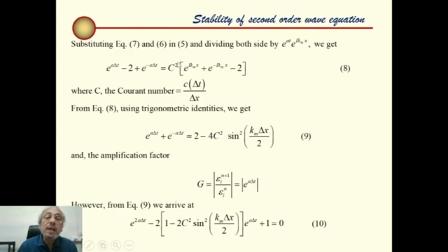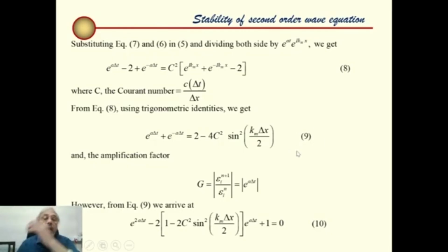And c is the Courant number, which, while doing the algebraic operation, we have clubbed together from c delta t and delta x in this way, and that is capital C. So we will get from here e to the power a delta t plus e to the power minus a delta t equal to, we just have transferred 2 to the right hand side and then substituted e to the power I theta plus e to the power minus I theta by cos theta, then cos theta minus 1 has been substituted by minus 2 sine squared theta by 2, and we have gotten this equation, which is equation 9.